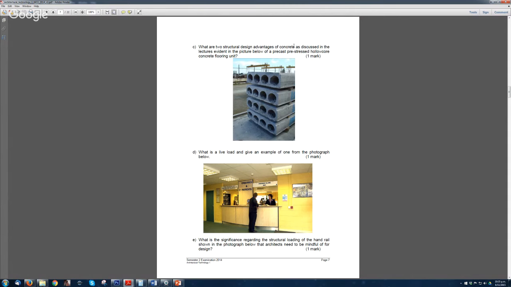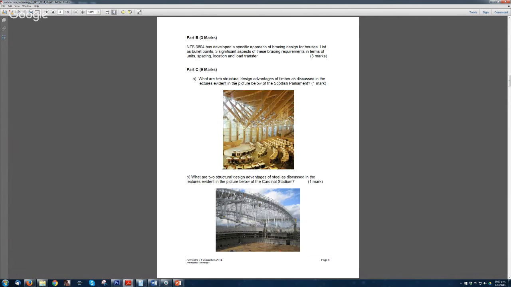Yeah, I think lightweight is correct for the structural advantage for the steel, I guess. So it would be like the weight, the span. And didn't he say something about like you can walk in between, some type of bridge? Yeah, here. Didn't he say something about this in the lecture? Is that for the steel? Yeah.